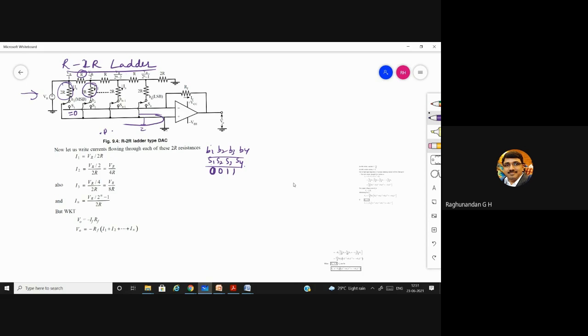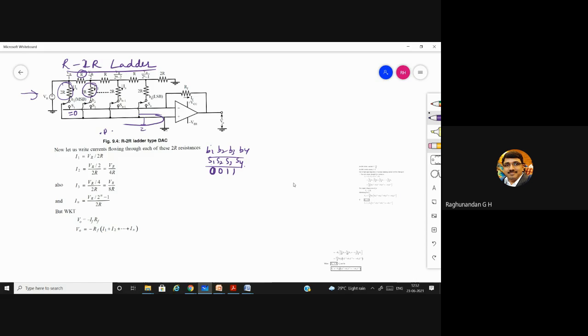In the third line we'll have VR by 4. Like that, in the nth line, the last one, VR divided by 2 to the power of n minus 1. So the voltage will keep on reducing, because more drop will be occurring at the MSB only. By the time it reaches the LSB, the voltage will keep on reducing. So this is how the logic is.